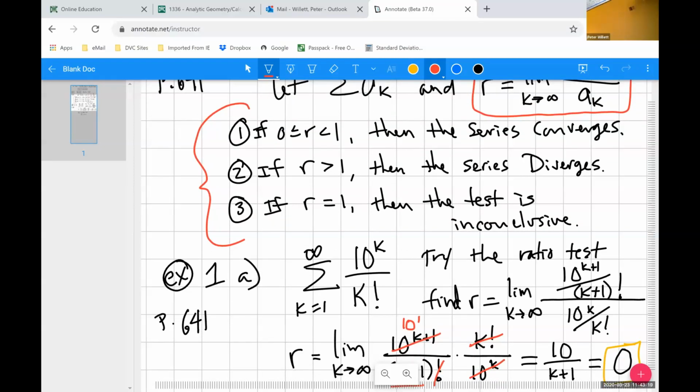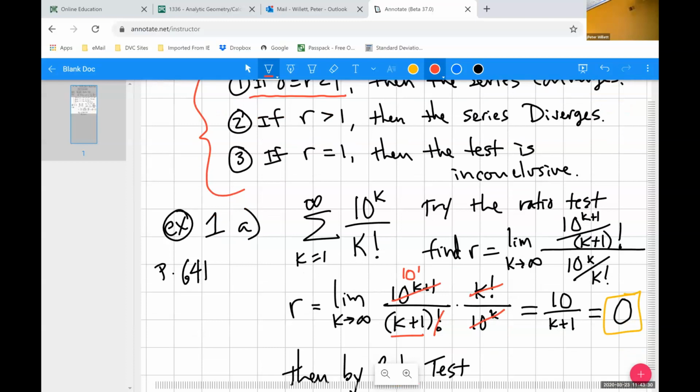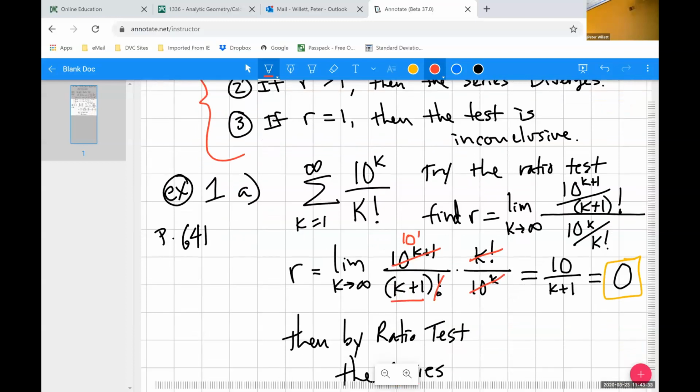And the idea is that if R is less than 1, but could be equal to 0, then the series converges. As I was mentioning before, when we wrote out the first few terms of this series, the top was becoming 100, 1,000, 10,000, 100,000. It seemed to be growing so quickly, while the bottom was like 2, 6, 24. It didn't seem that significant.